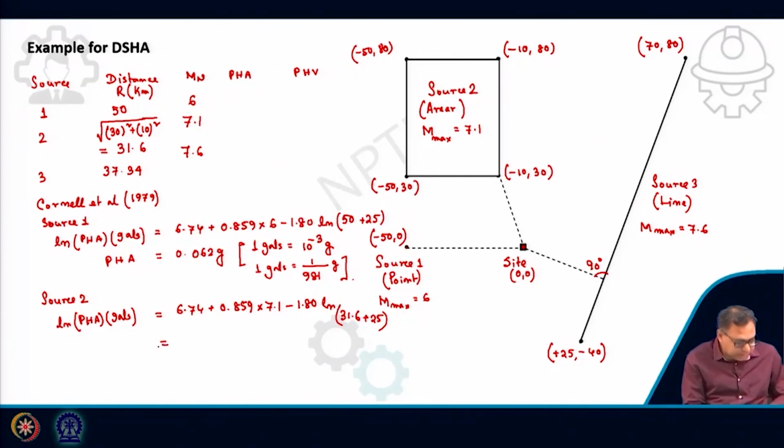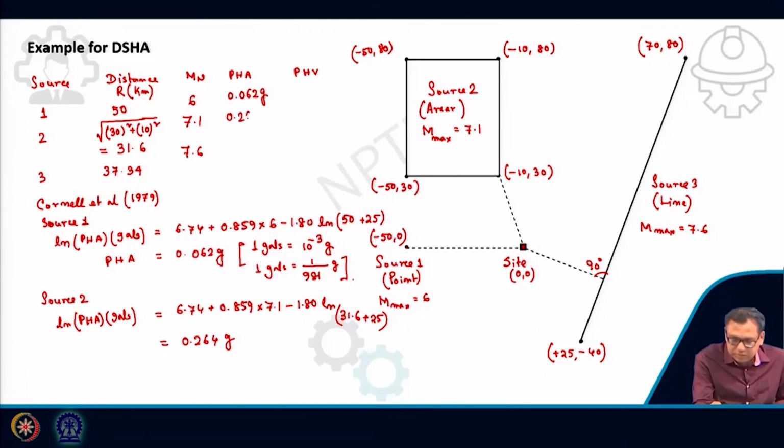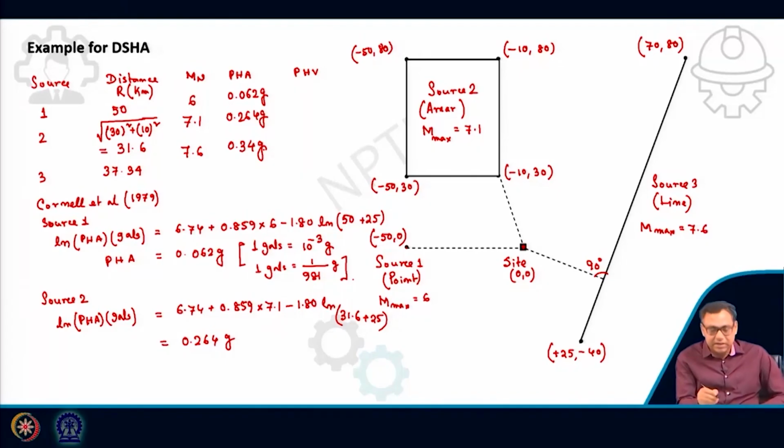This will be equal to 0.264 G. Similarly, here it is 0.062 G, this is 0.264 G, and for source 3, in a similar way you can calculate, it comes out to be 0.34 G. So in terms of PHA, source 3, the earthquake with magnitude 7.6, is my controlling earthquake. You can see it is giving the maximum.